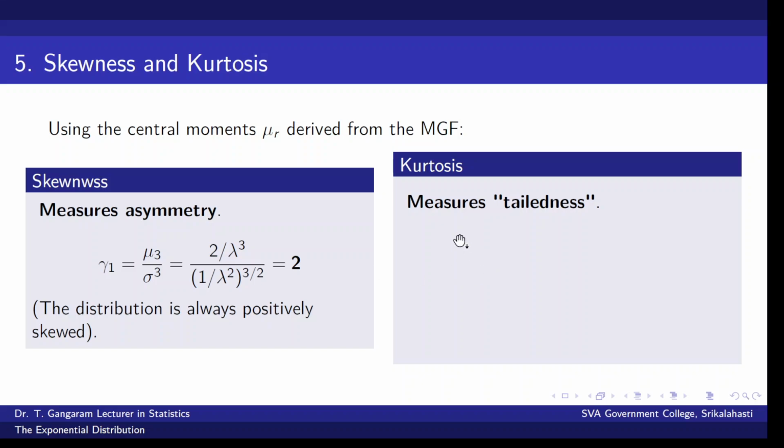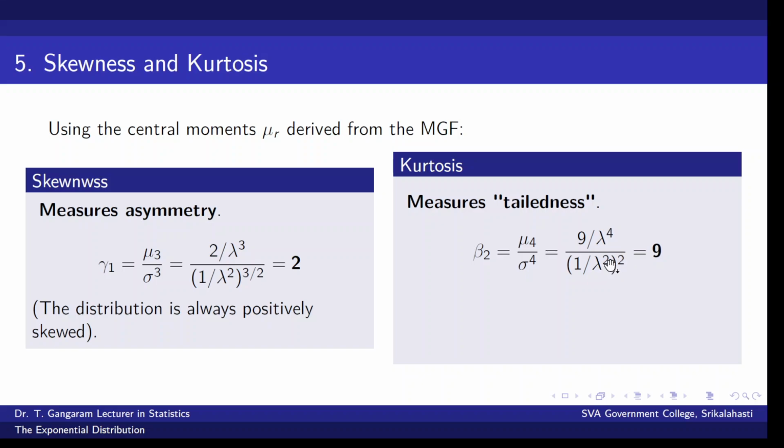Kurtosis measures the peakedness of the frequency curve. It measures tailedness. By definition of beta 2, coefficient of kurtosis is given by mu4 by sigma power 4. Actually, its definition is mu4 by mu2 square. mu2 square is nothing but sigma power 4. This is equal to 9 by lambda power 4 divided by 1 by lambda square whole square.